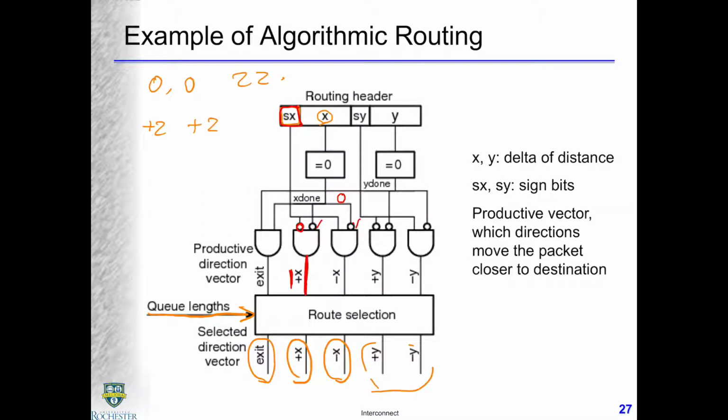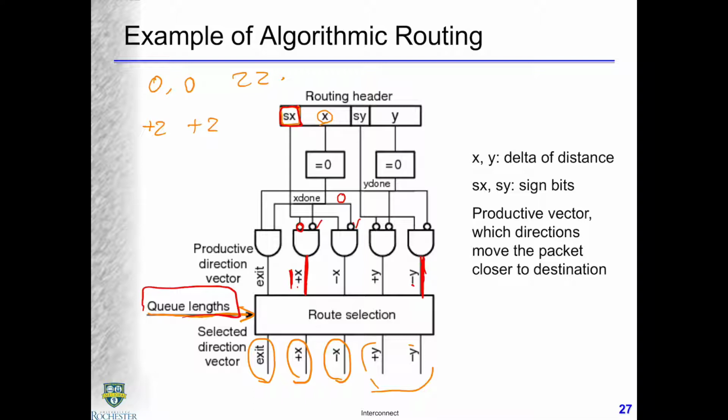So that's a productive direction. If the sign is negative, then minus x is a productive direction. So if I'm not there and both x and y, the two deltas, are not 0, then I may get two choices. I may get a positive x direction and a minus y direction, and based on the queue lengths, I can decide which one to go. And that's algorithmic routing.